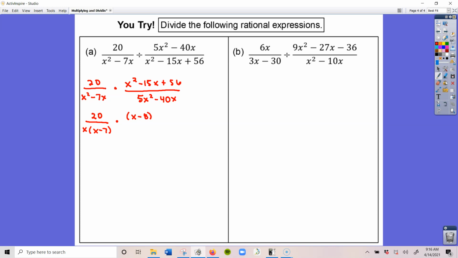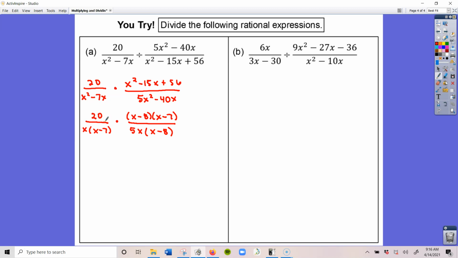So x minus 8, x minus 7, over 5x squared minus 40x. Both of these terms I can take out a 5 as well as an x. So 5x, and then I would end up with x minus 8.